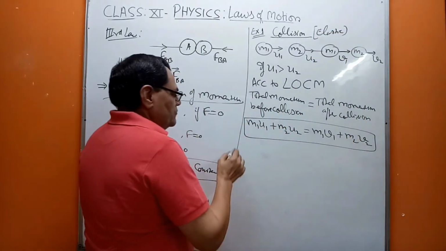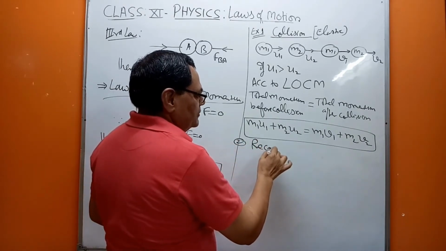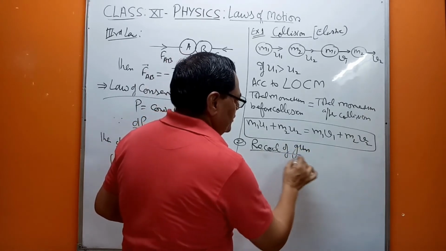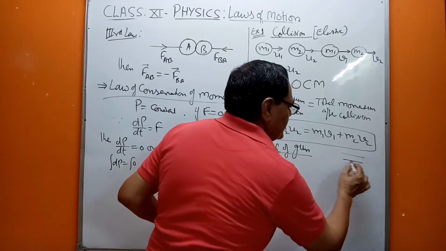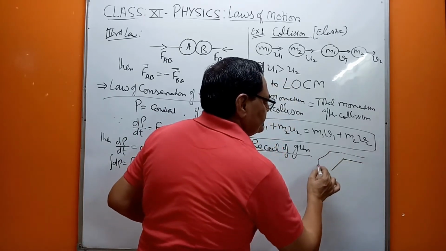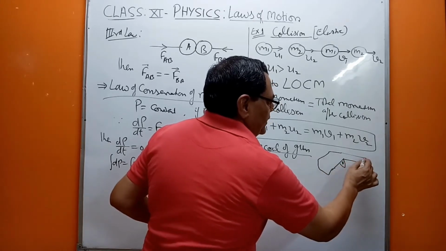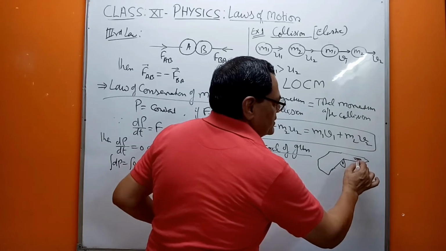Now the second example we take is the recoil of a gun. Let's say there is a gun like this, and this is the trigger, and there is a bullet inside of mass small m.